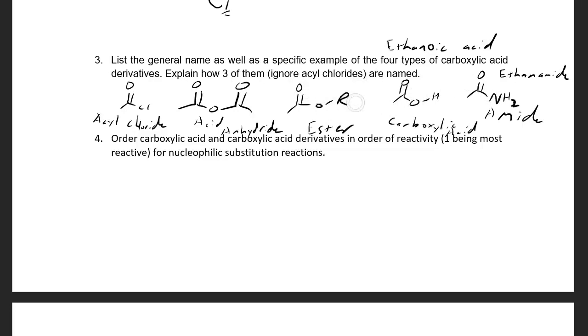And for our ester, in this case, we specify what that R group is. So I'm actually going to replace this with a methyl. So that's my methyl group right there. And in this case, we specify what is attached to the oxygen, and then we name the parent compound, which is our ester. So for these, we end it in oate.